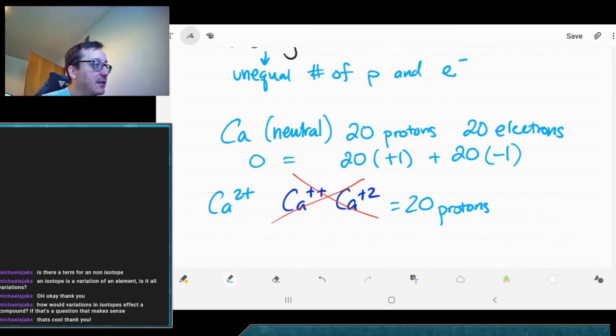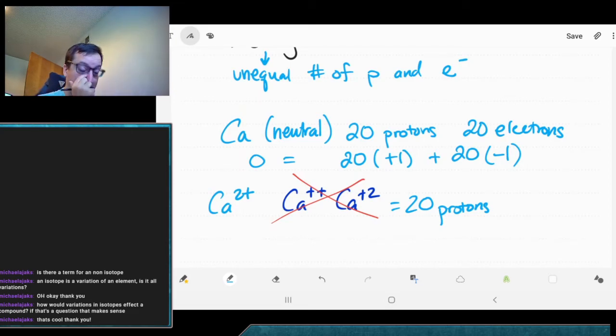And we're going to see if it's 2+, well, that's more positive than the neutral one would be, right? And if we're more positive and we can't add protons in, well, we could get rid of some electrons. If we lose negative things, we become more positive.